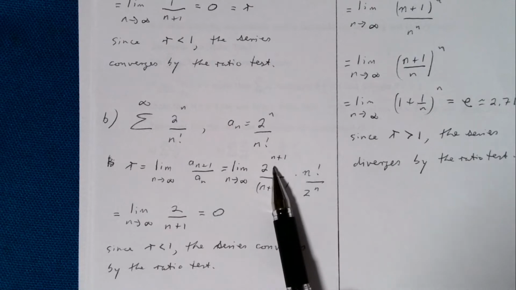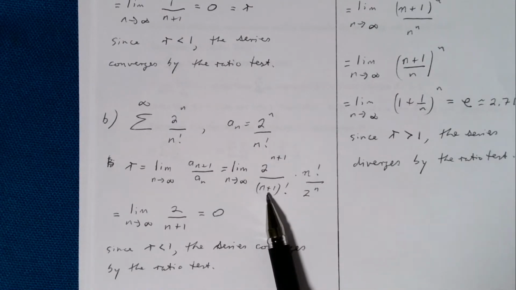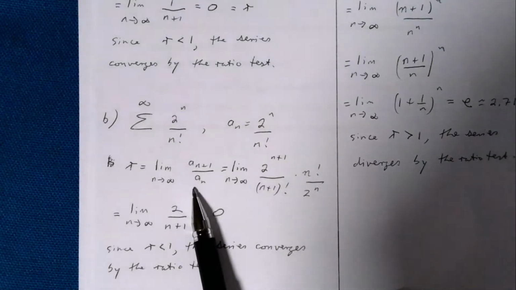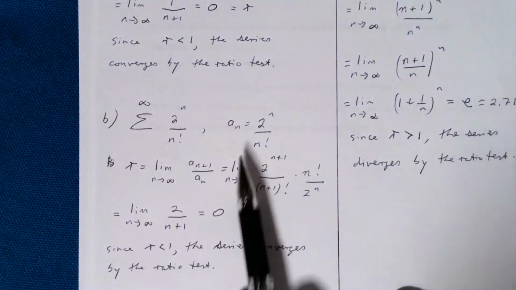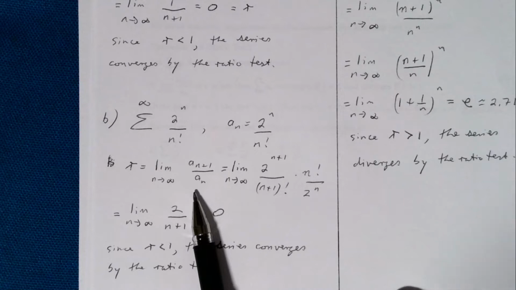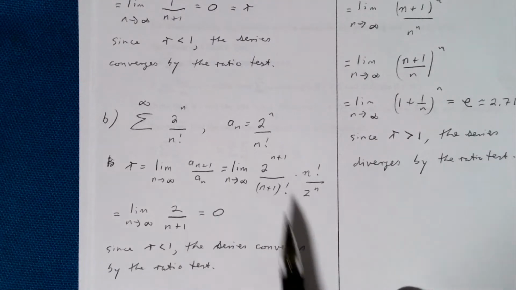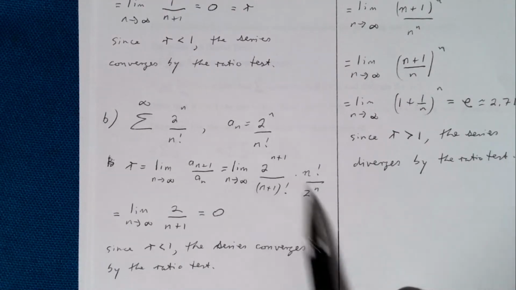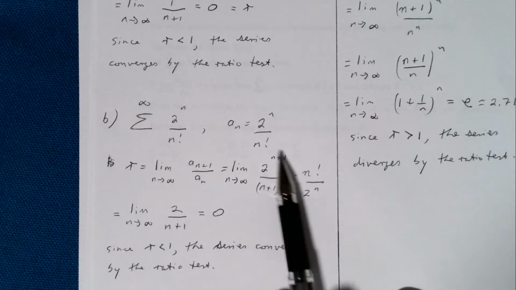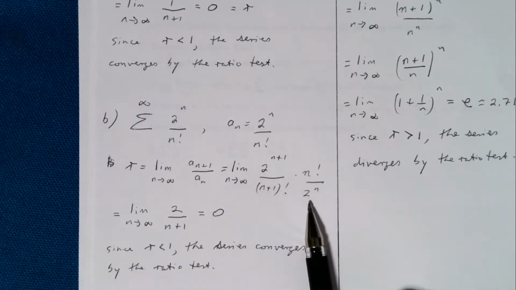So that means I replace n with n+1, divided by (n+1) factorial. Now we're going to divide by this, and when you're dividing two fractions, you invert and multiply. So I'm taking this one divided by that, we invert and multiply.